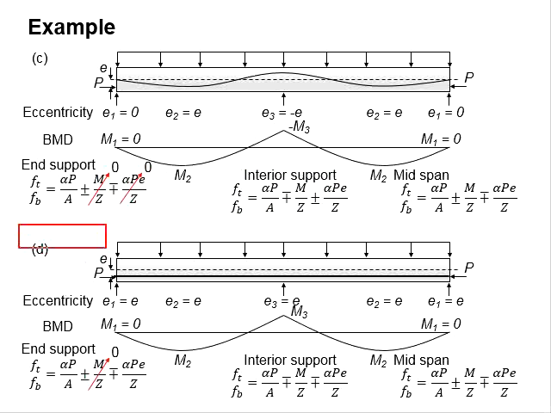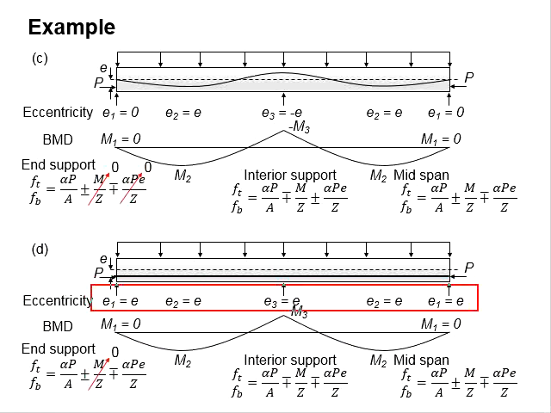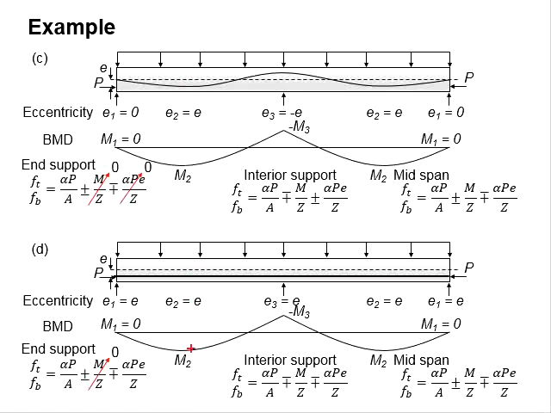As for beam D, the eccentricity is given here, which is the same throughout. With that, all the expressions have the effect of eccentricity. There is no moment at the support. With that, the contribution by the moment is neglected.